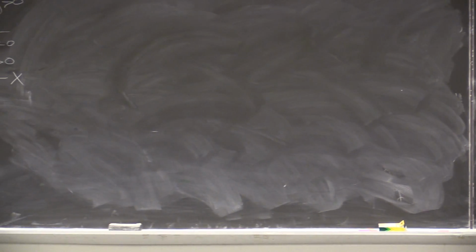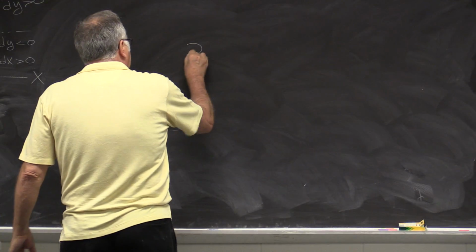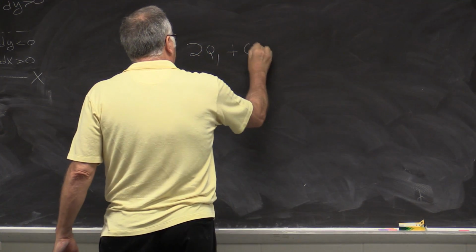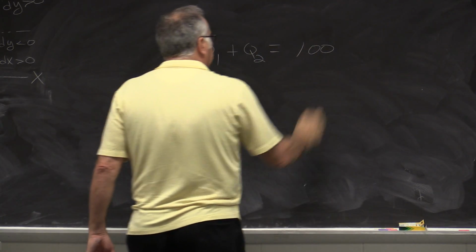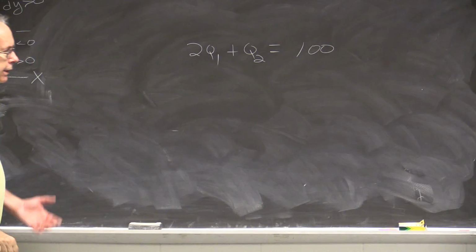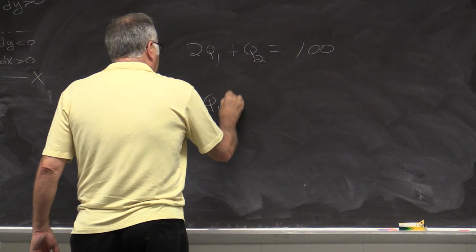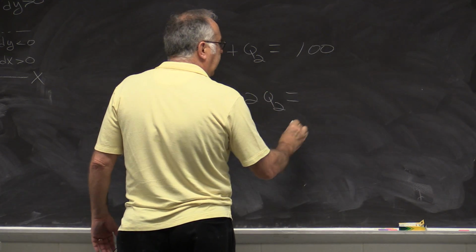And then flip it. So I'll rewrite that first equation as just 2q1 plus q2 equals 100. And the second equation we could write as q1 plus 2q2 equals 80.